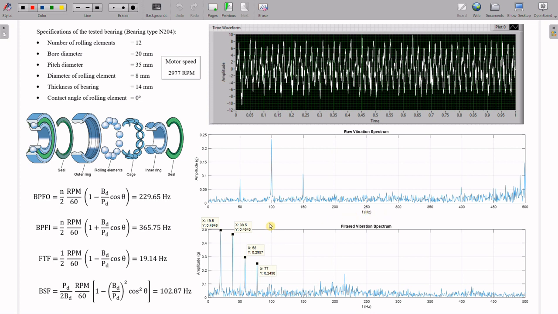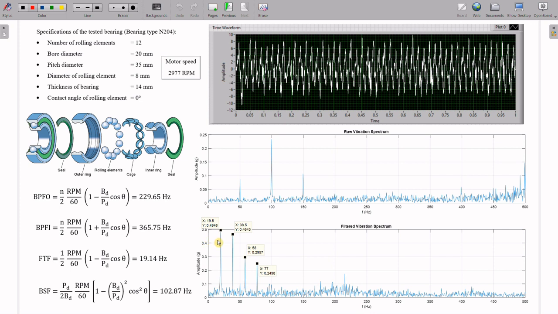Here, you see there are several spectrum peaks. The first one at 19.5 Hz, then 38.5 Hz, 58 Hz, and then the last one is 77 Hz. We will compare these frequencies with the bearing failure frequencies.